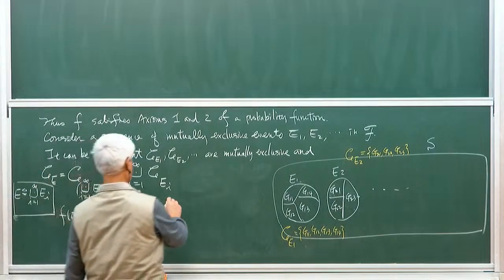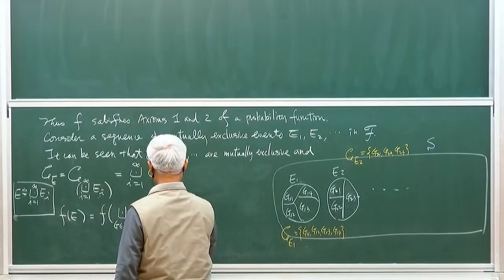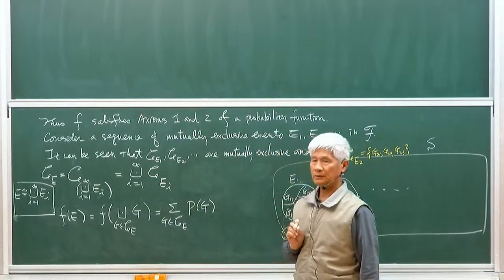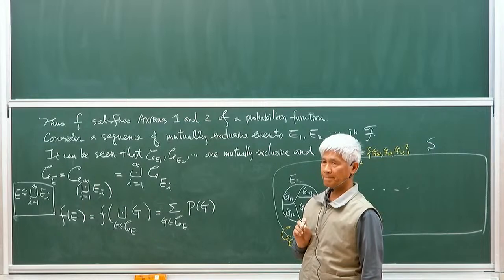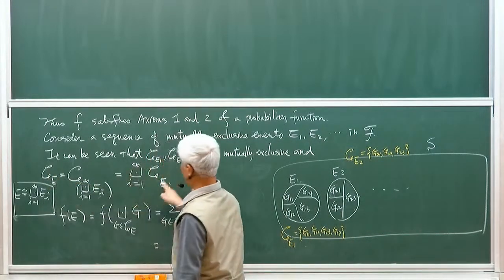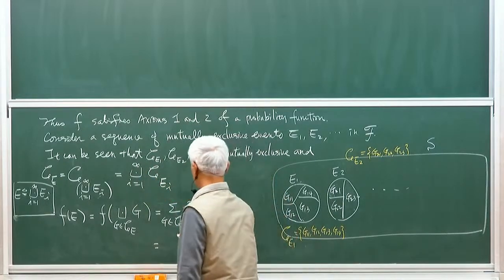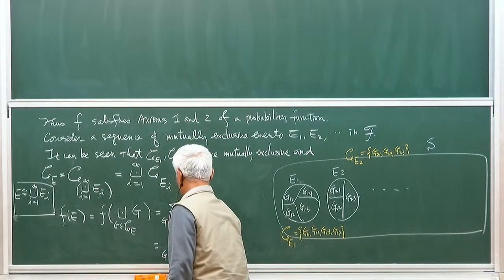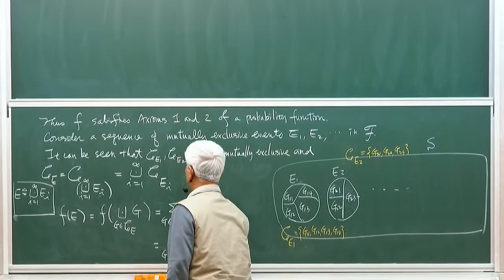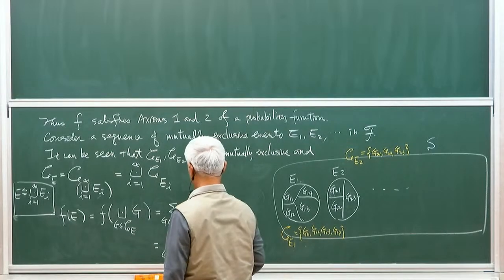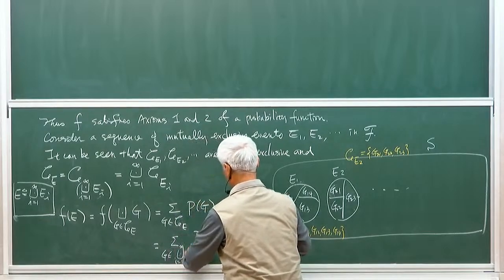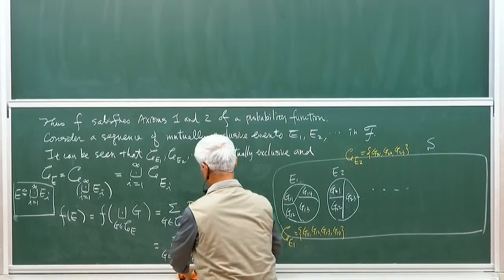This is the summation over G in C sub E of P of G. And because C sub E is equal to the union, right? So this is the summation over G in the union, I from 1 to infinity, C sub E sub I, of P of G.